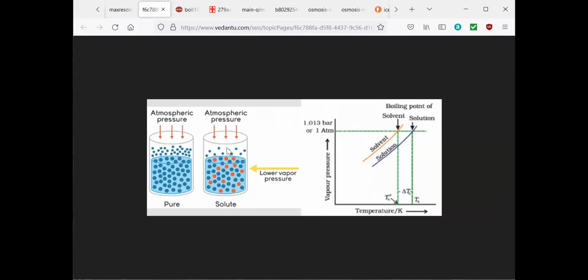Because I've lowered the vapor pressure, I need to increase my temperature in order to reach atmospheric pressure. So if I'm looking at normal boiling point, I have to increase my temperature in order to get my vapor pressure to be equal to 1 atmosphere. Hence, what we call boiling point elevation.